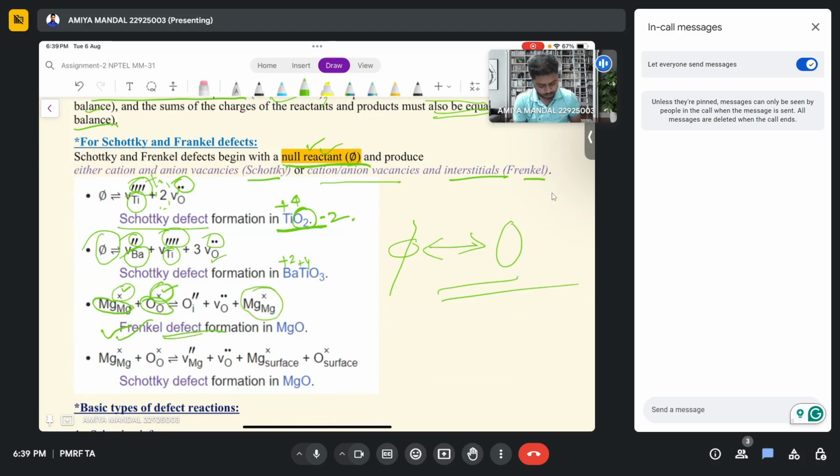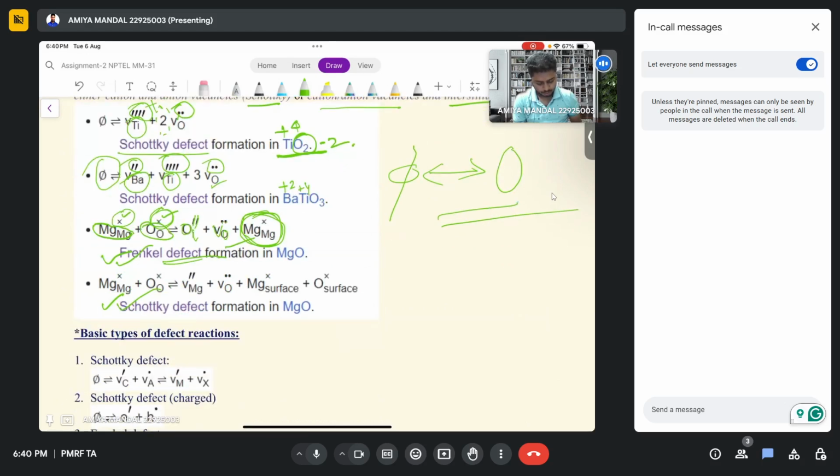If the anion is shifted from its position to the interstitial site, oxygen will go to the interstitial position, leaving a neutral charge. So an oxygen vacancy will be created there also. And similarly, this kind of reaction for cation shifting is also there.